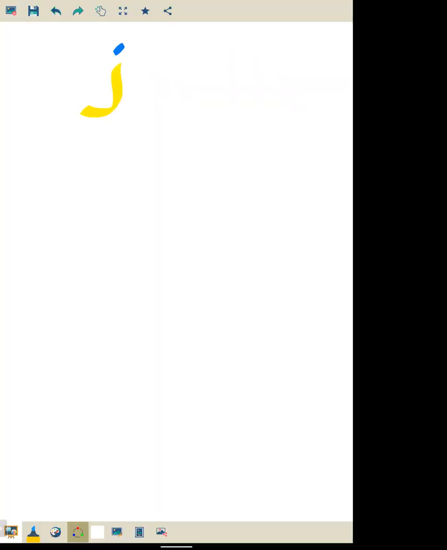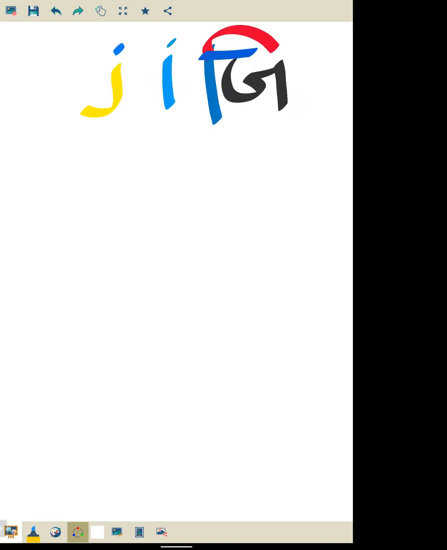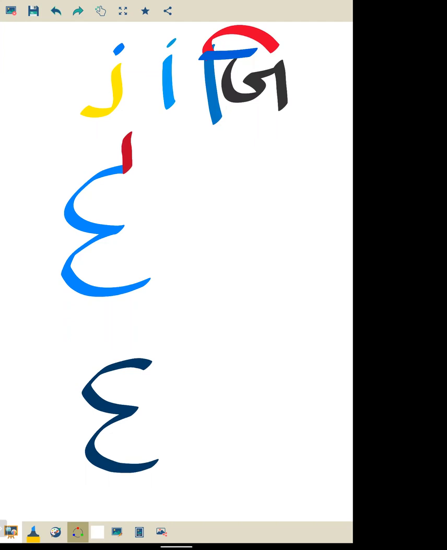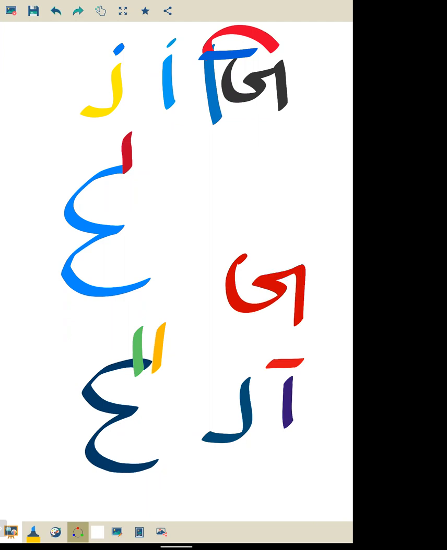G. With ja on the top, it is G. With long E, double. With G. Okay, so you can see here.